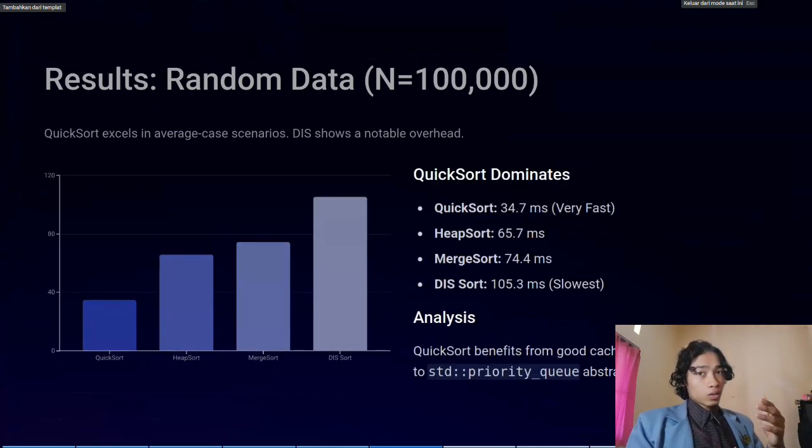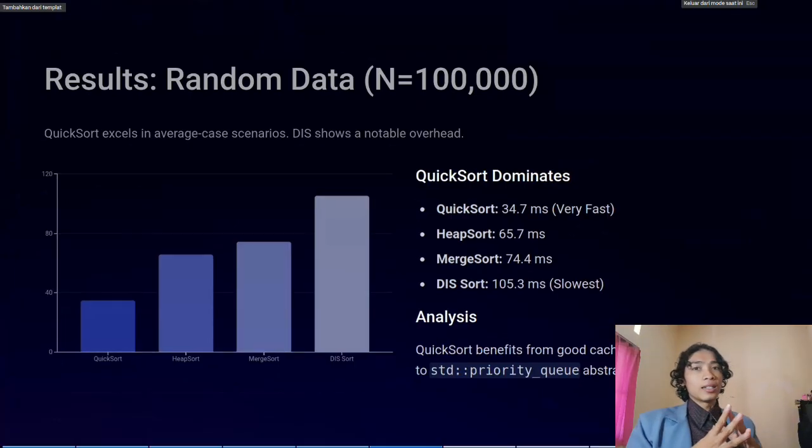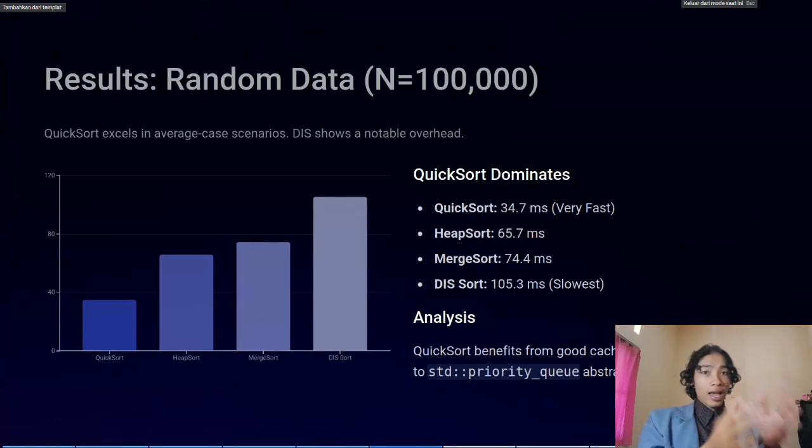DIS, as we can see, comes in last at 105 milliseconds. This confirms that in the average case, the abstraction overhead from the standard library priority queue from C++ makes it slower than other more optimized algorithms.